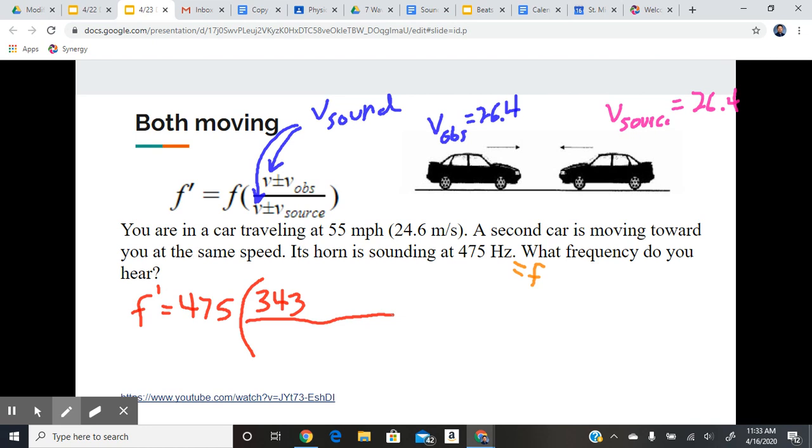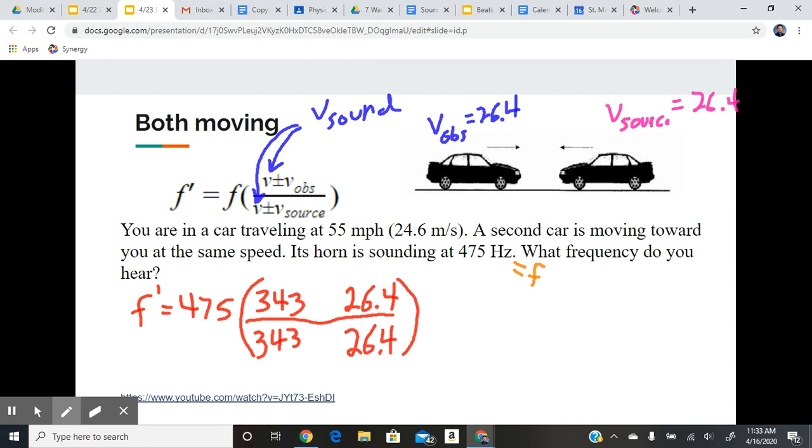And then the velocity of the observer, 26.4. Right? And then 343 again, and 26.4 again. All right, now we got to figure out, do we want to use plus or minus in the numerator, and do we want to use plus and minus in the denominator?